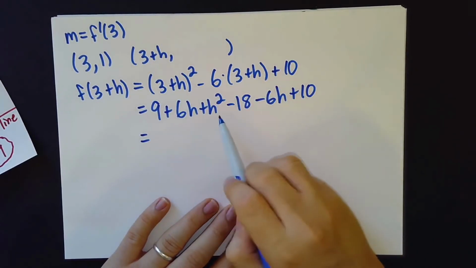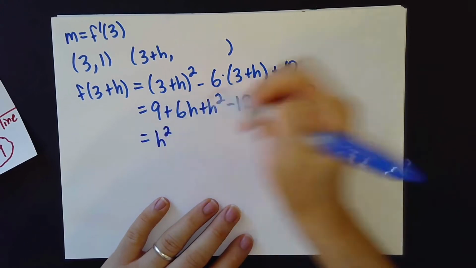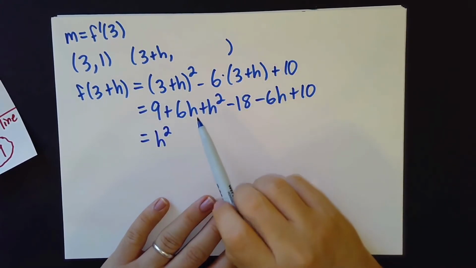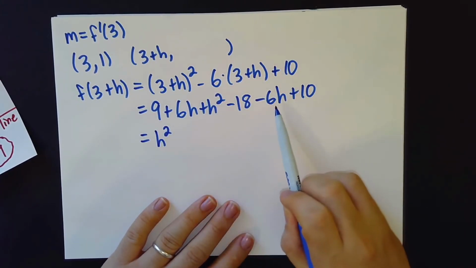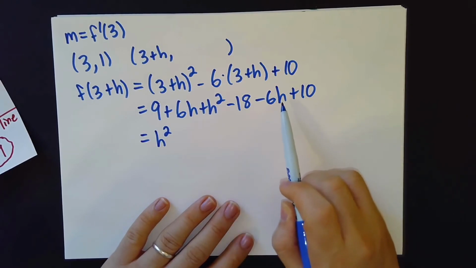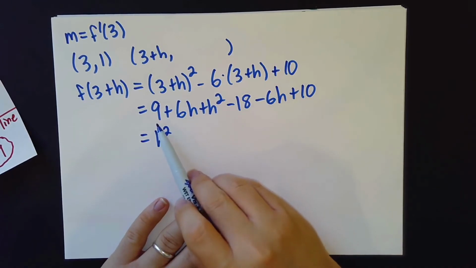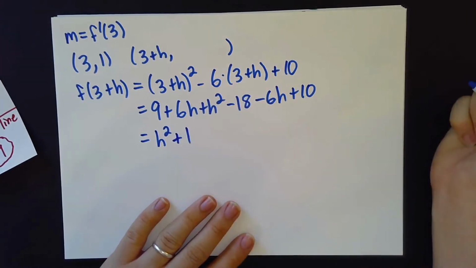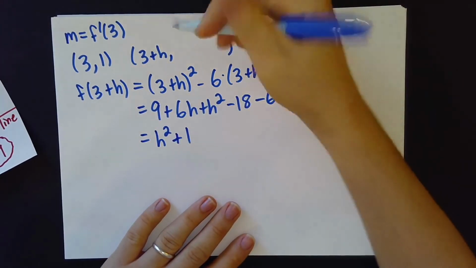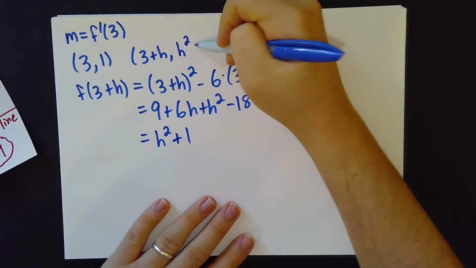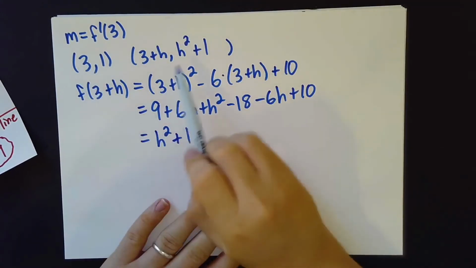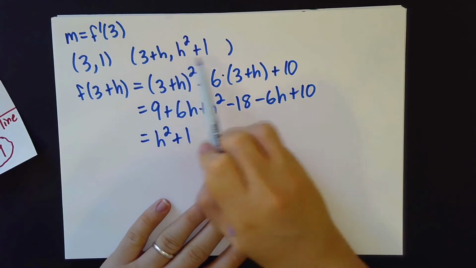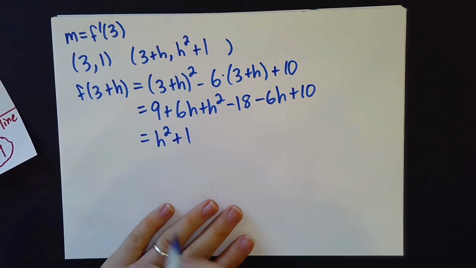Okay, so there's an h squared. Let's see, plus 6h minus 6h, so there's no h term. And then 9 minus 18 plus 10 is plus 1. And so this perturbed point is 3 plus h, comma, h squared plus 1.